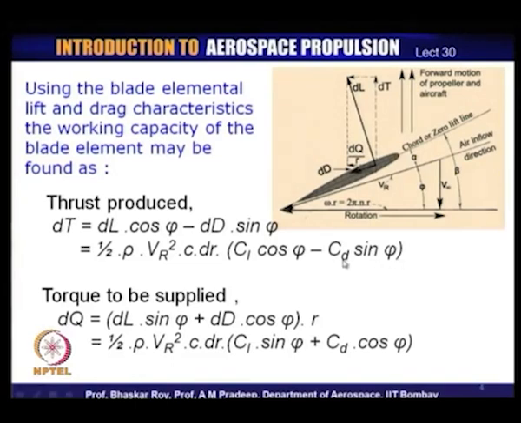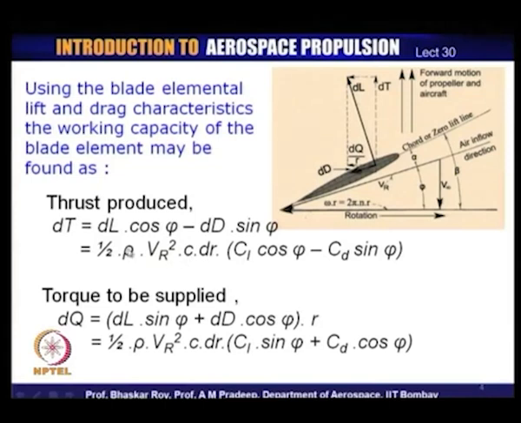Same with CD. The value of phi also would vary from root to the tip depending on the rotational speed, which depends on r, omega angular velocity being constant. So, in this thrust creating equation, except for rho, all the other parameters are varying from root to the tip of the blade.